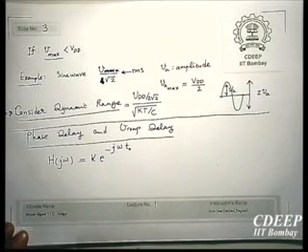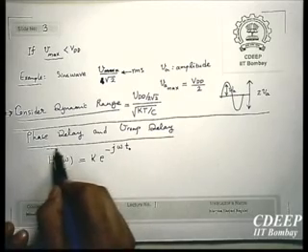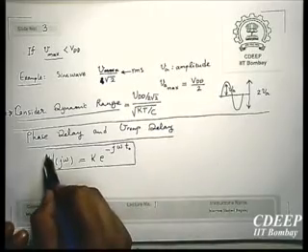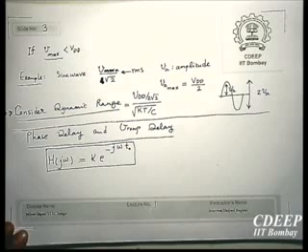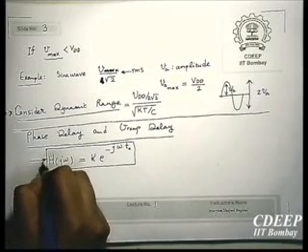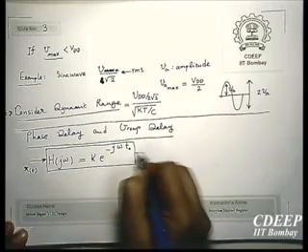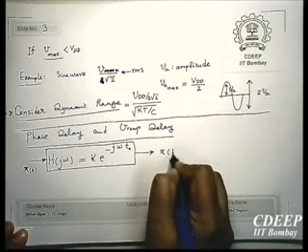So if I have such a system and then I apply a time domain signal x(t), at the output I will get x(t minus t0).